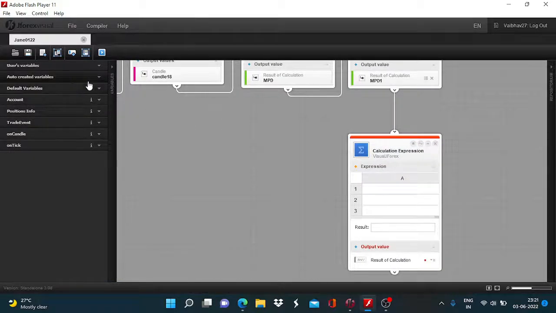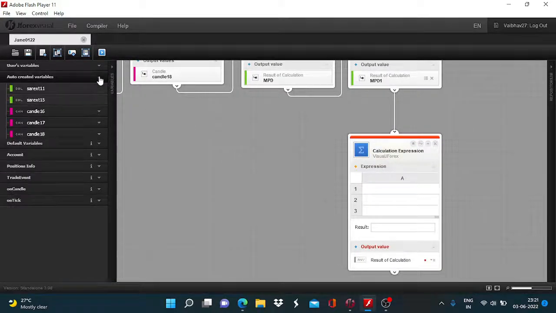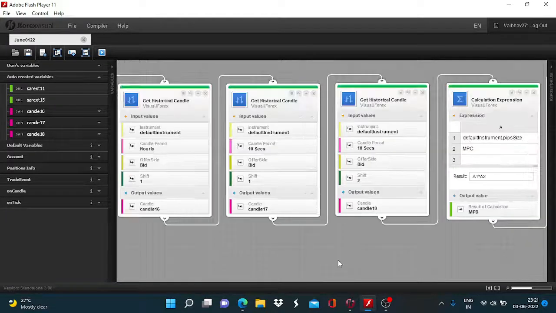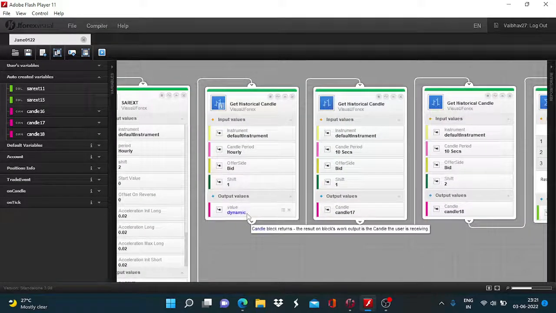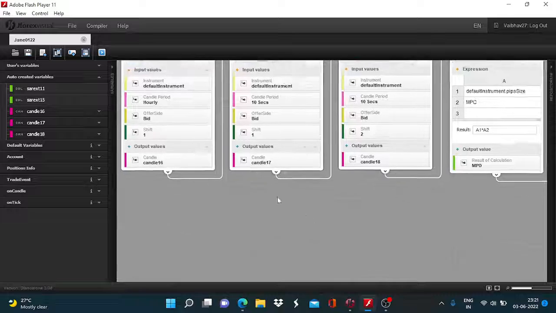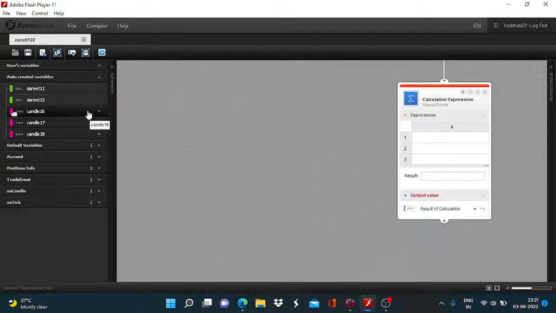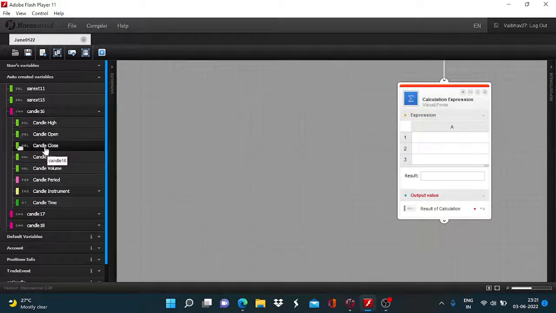Now coming to the actual difference, for that we have to consider the auto created variable. This is the candle 16, which is the last hourly candle. So I have to take its closing value and deduct open price.